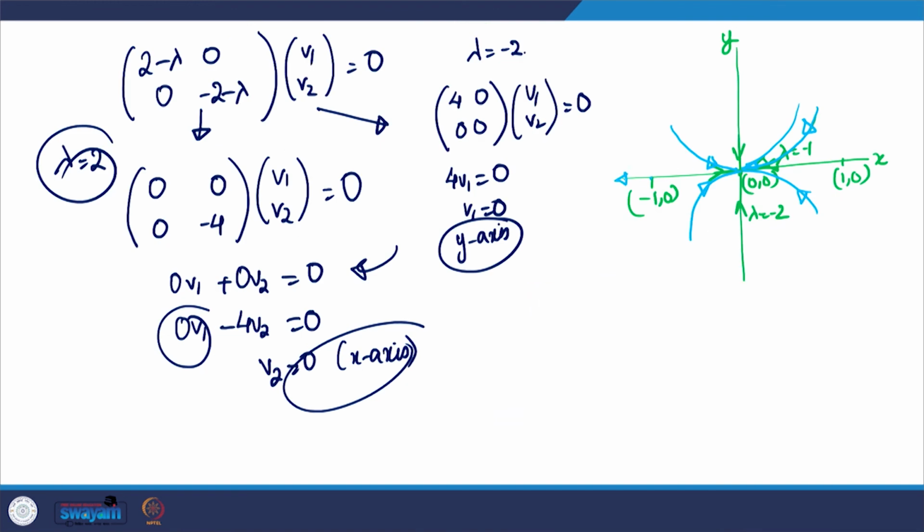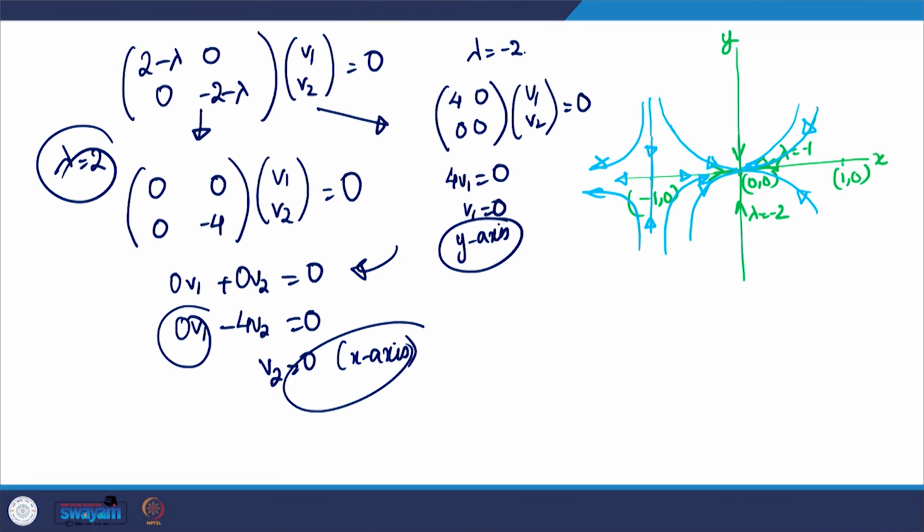Unstable means it's moving away and stable means it is moving towards the fixed point. So our flow lines are like this, which you see are in complete harmony with the flow lines around 0, 0.